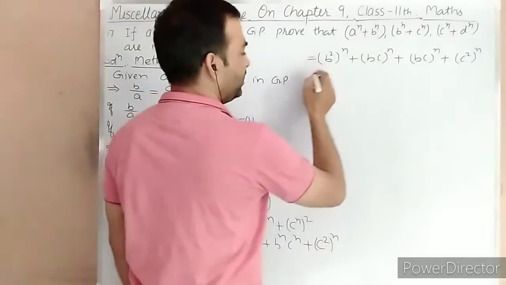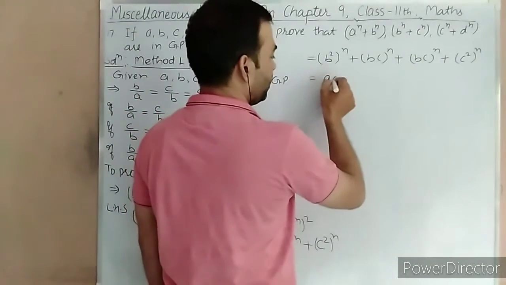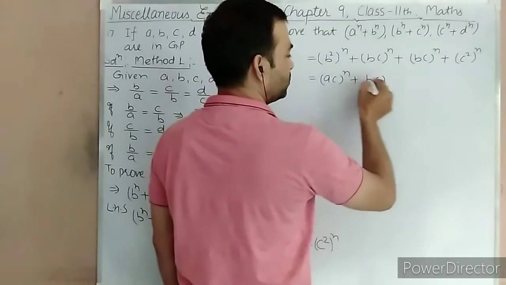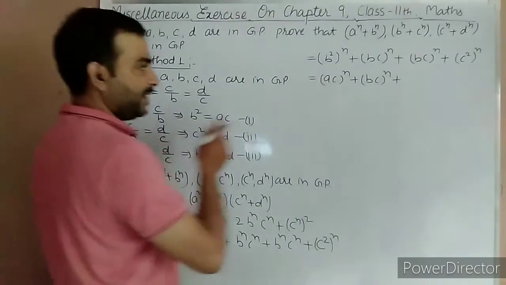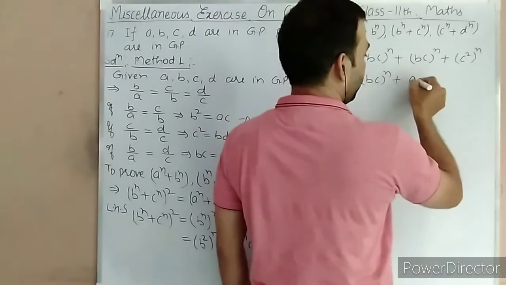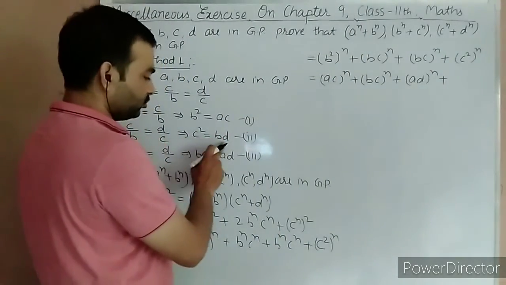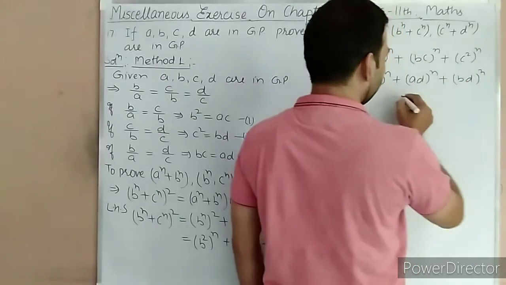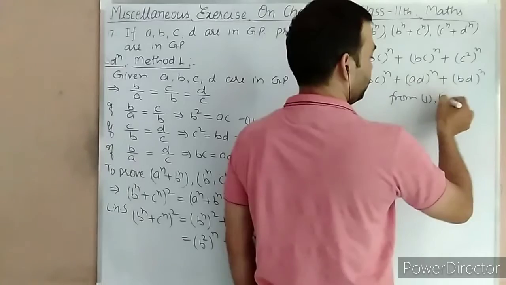So here B square is AC, so AC whole power n, plus BC, same to same, and second BC can be changed to AD. So it is AD whole power n plus C square is equal to BD whole power n, from the first, second and third conditions.